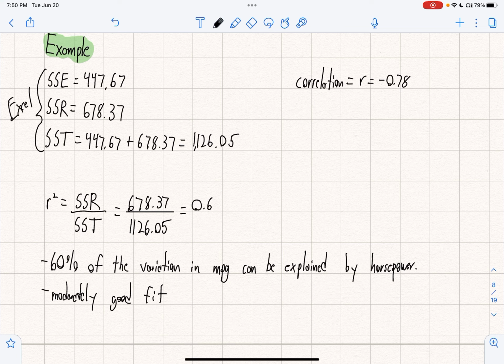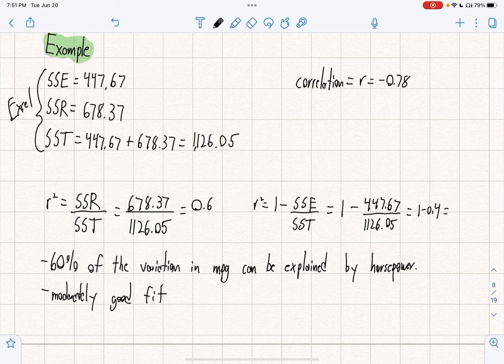Okay, and then let's calculate this the other ways. Like I said, we really will only do it the first way, but just for the sake of completeness, let's do it the other way as well, which is r squared equals 1 minus SSE over SST. That would be 1 minus 447.67 over 1126.05. And this would be 1 minus 0.4, or 0.6.